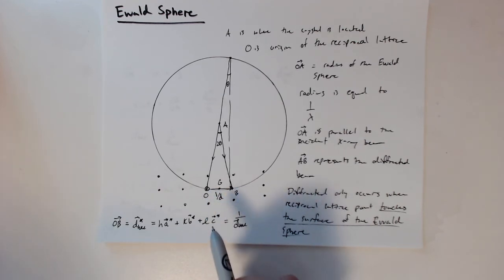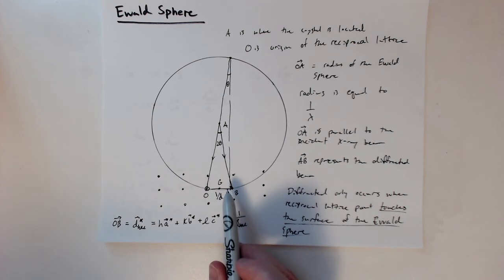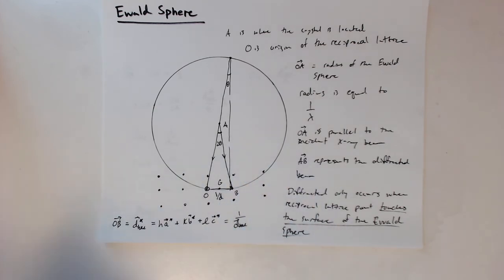So this is what we see with the wavelengths of X-rays. But it's a little bit different when we look at diffraction from electrons, which will come up in electron microscopy later. For that comparison, I want to switch over to the slides really quick and show you the comparison between the curvature of the Ewald sphere for X-rays and for electrons.